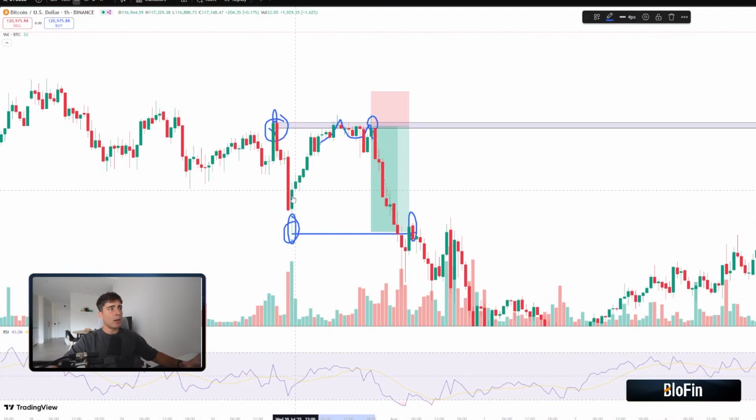For example, here on this scenario I showed you before, you can see that the PDH on the 30th of July was $118K per Bitcoin, and the PDL was $115K, and we had the open at, for example, 117, so it was literally the midpoint of the range. Okay, we were exactly here.